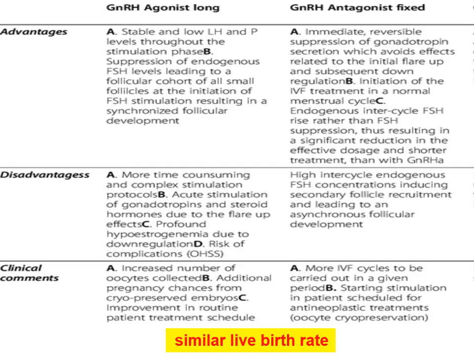Now the GnRH agonist protocol is preferred as it is stable with low LH and progesterone levels throughout the stimulation phase, suppresses endogenous FSH level leading to follicular cohort, no asynchronization of the follicles. But it is more time consuming, more costly, acute stimulation due to flare-up, profound hypoestrogenemia due to downregulation, and risk of ovarian hyperstimulation syndrome.